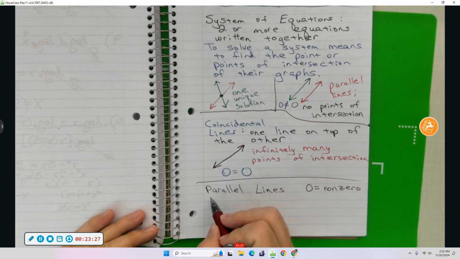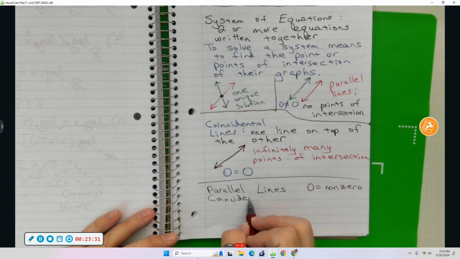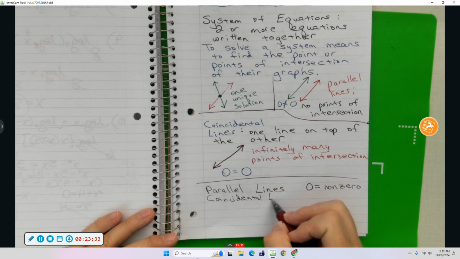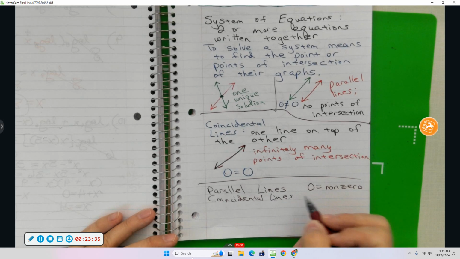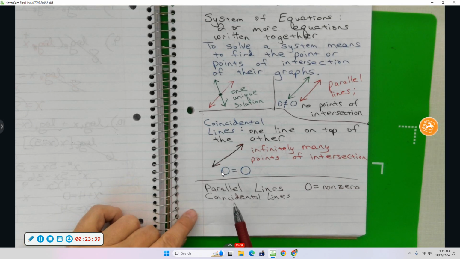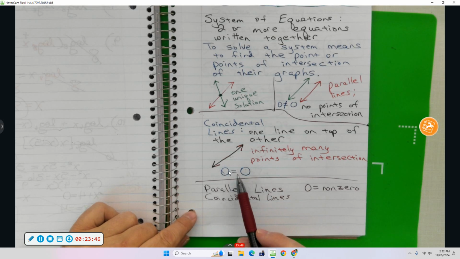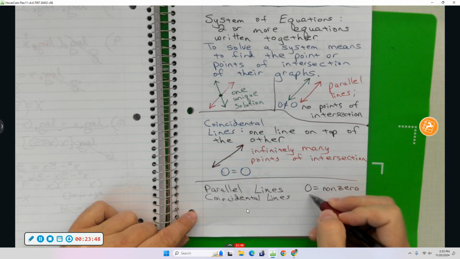But for coincidental lines, it's easy to remember this because of the way I say it. Coincidental lines, one on top of another, they always intersect. Well, 0 always equals 0.